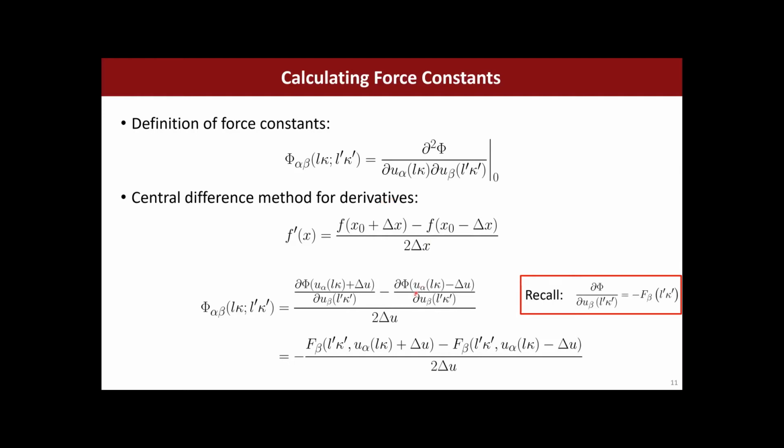If we recall that the first derivative of the potential energy is the force, what we end up with is this term here at the bottom. So we are calculating two forces where we displace an atom along a specific direction and measure the force on another atom while we do that.